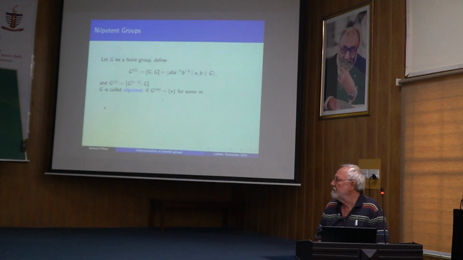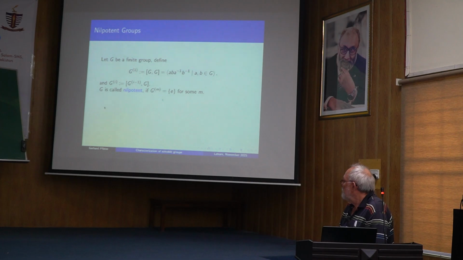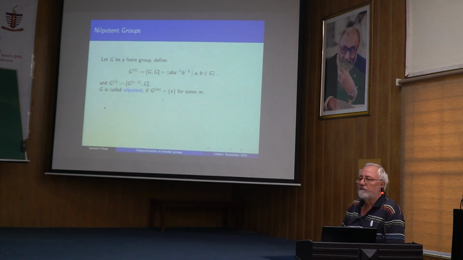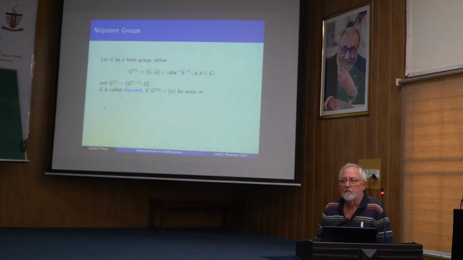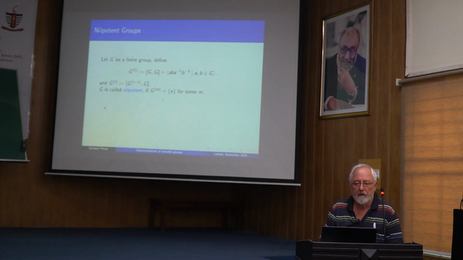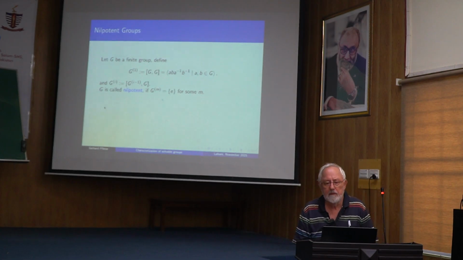Then the definition: a group is called nilpotent if there is an m such that G_m is a trivial group. That's the definition of a nilpotent group.